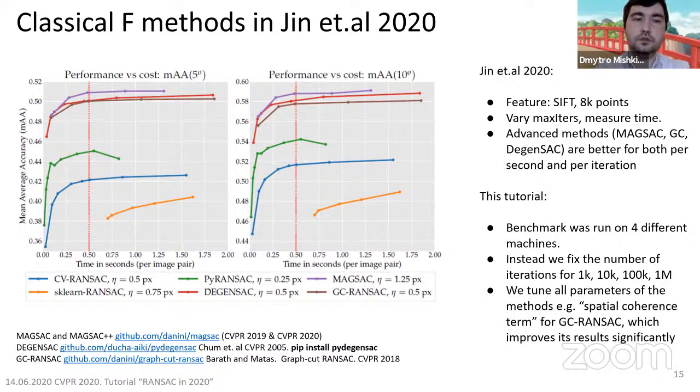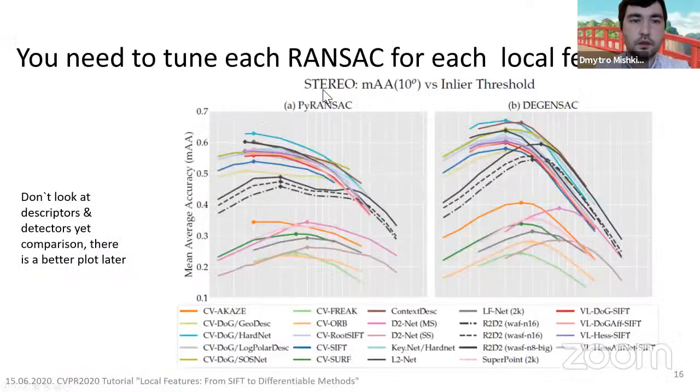If you don't tune all your hyperparameters on some training or validation set, or just on a couple of images you have just in case, then your performance is bad. Here is time in seconds, and this is performance. scikit-image is very slow, and the OpenCV RANSAC is bad, and these are modern RANSACs.